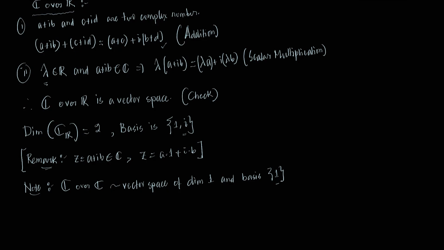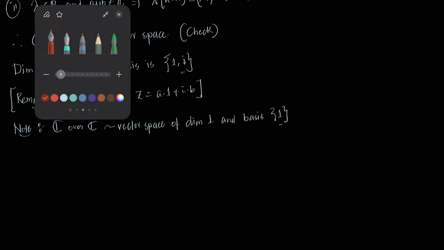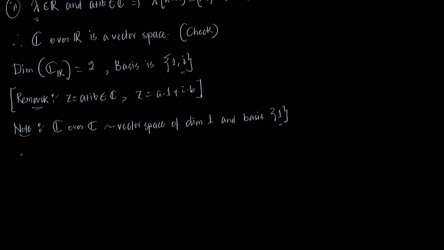Now, please remember this thing, and let me put it in maybe a red color. In this whole course, we will always assume C over R. All the analysis which we are going to do for the rest of the course, we are always going to assume that C is over R. This is the vector space.